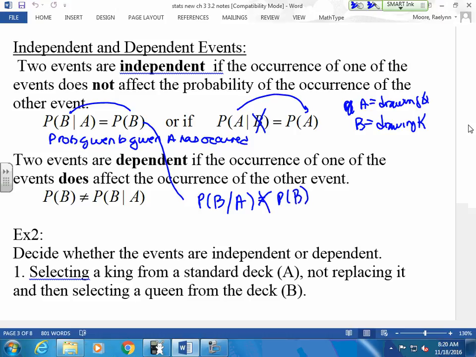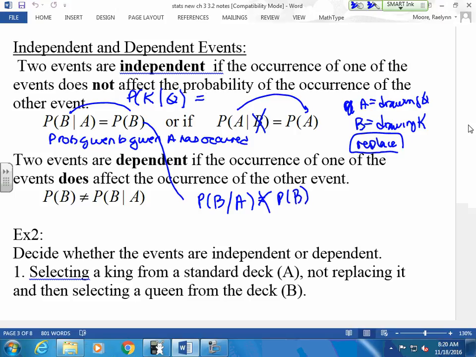So now, if this is independent, I have to replace this. It's with replacement. So I'm saying this. The probability of B getting a king, given that I drew a queen. If I drew a queen and I put it back, what is the probability of drawing a king?